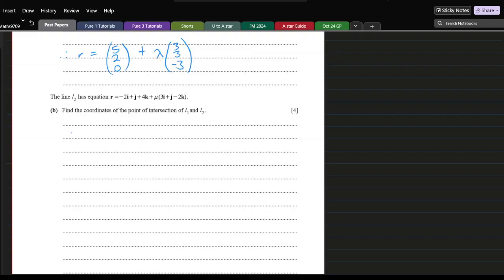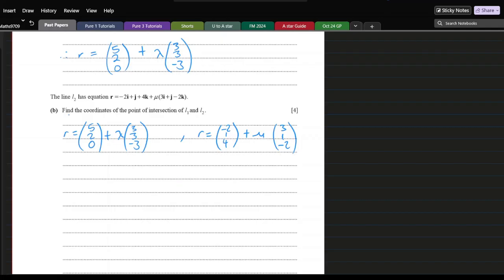Alright, so L1 has the equation 5, 2, 0 plus lambda 3, 3, negative 3, and L2 has the equation negative 2, 1, 4, plus mu 3, 1, negative 2.